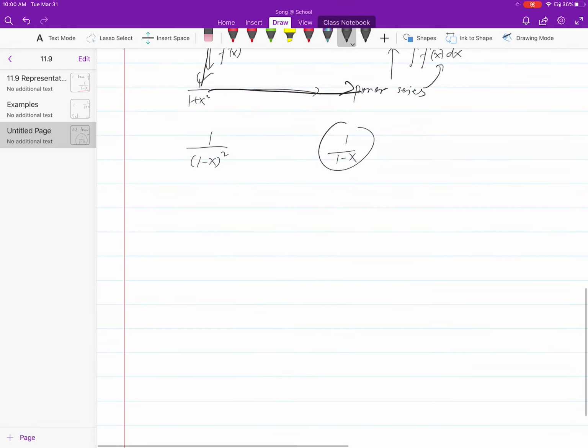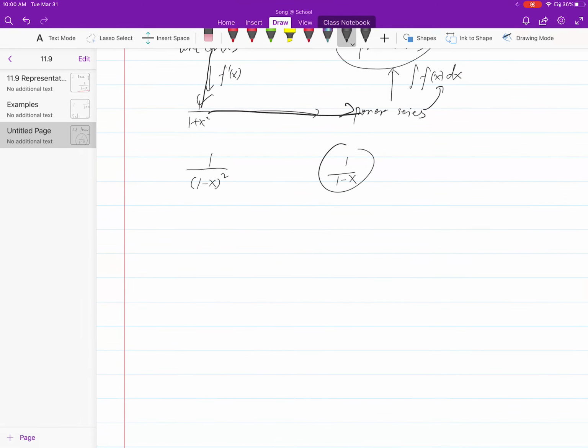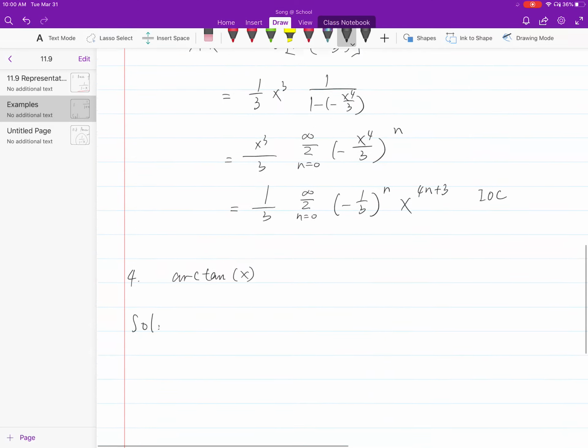So if you are thinking about doing this one, we can first take the integral to get this one. Do the power series of this one. But when we finish, we take the derivative back to find the power series of this one. Sounds good?